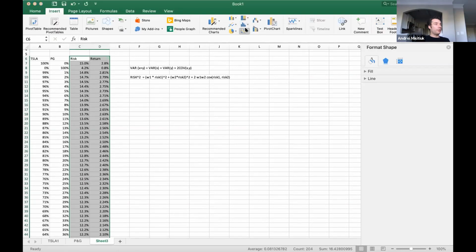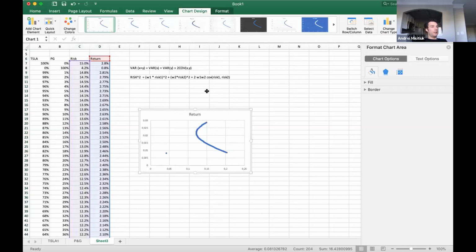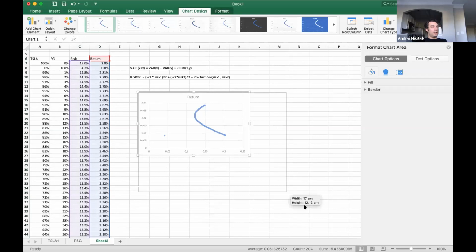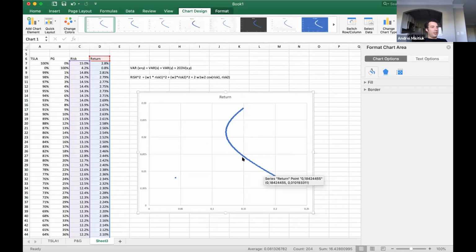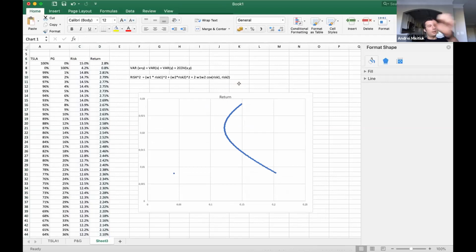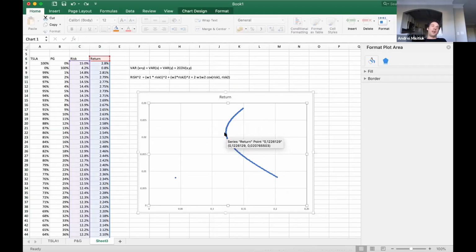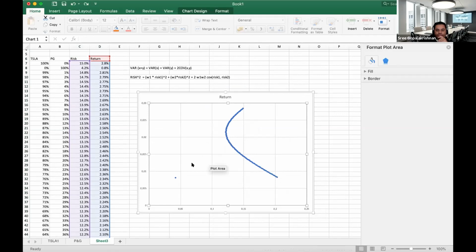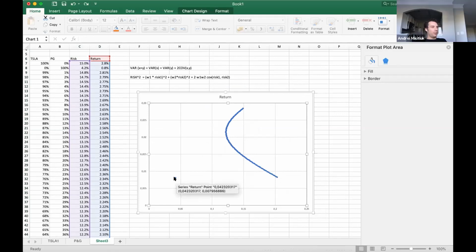what we have if we build a scatter plot. And you can see this thing that we had in the textbook, and that's pretty cool that we got it, right? Beautiful. Yeah, and I see one point which is weird.